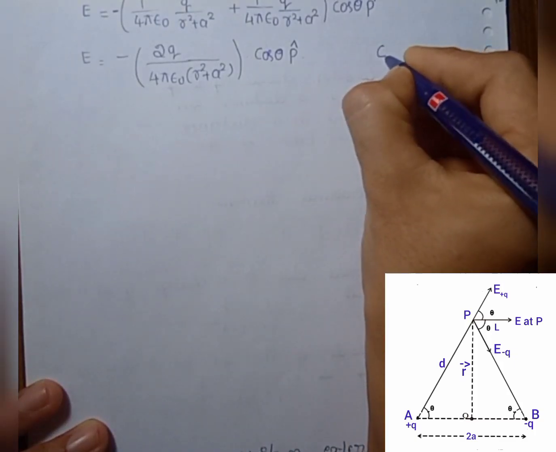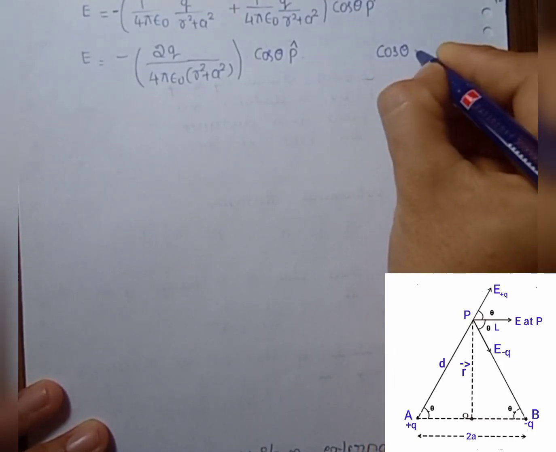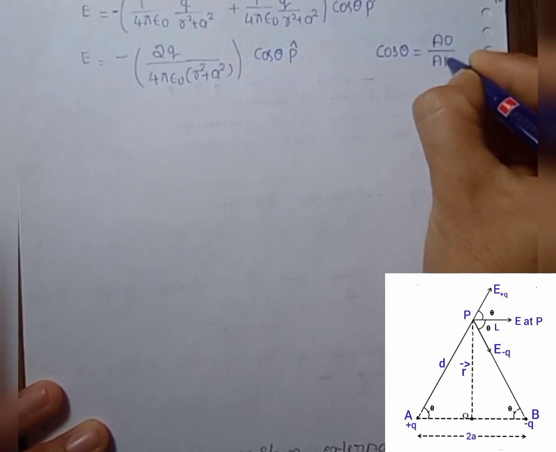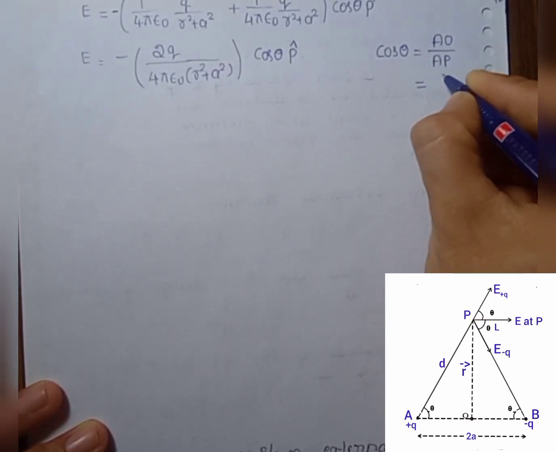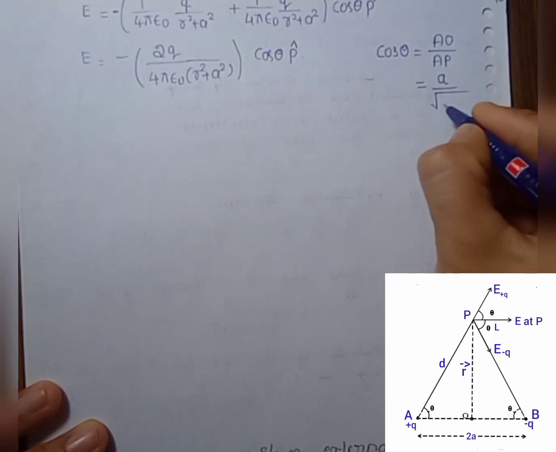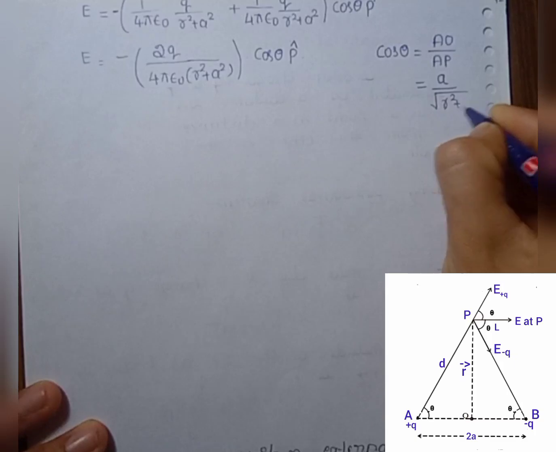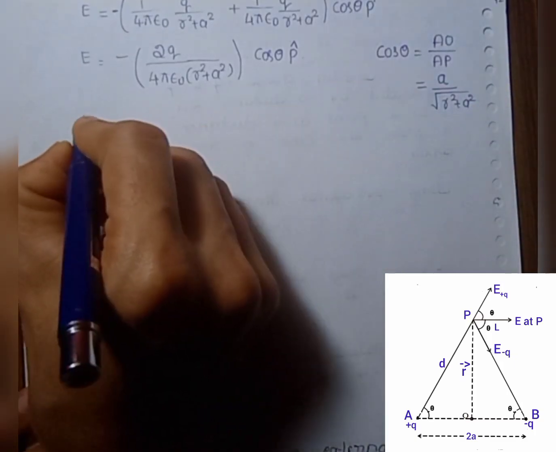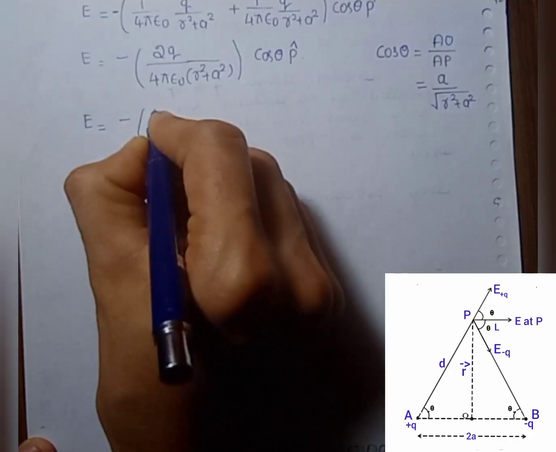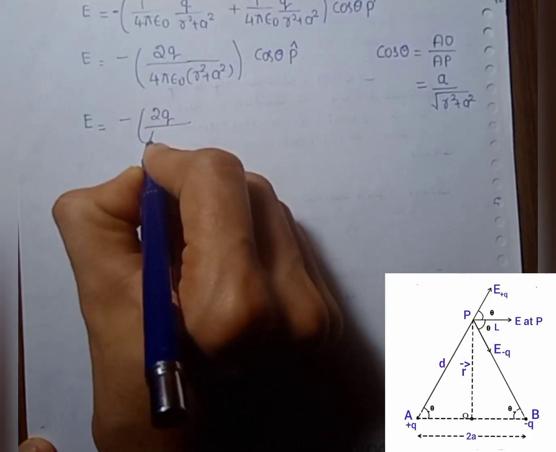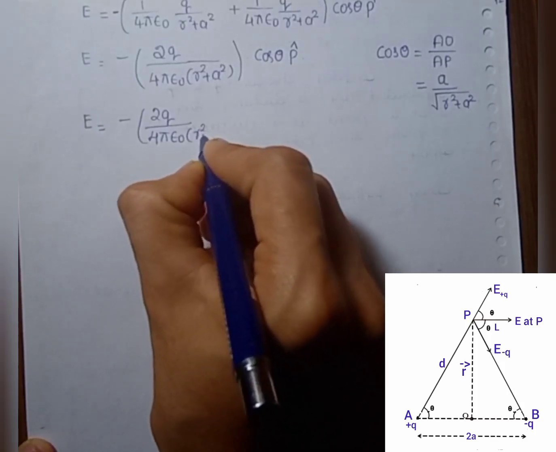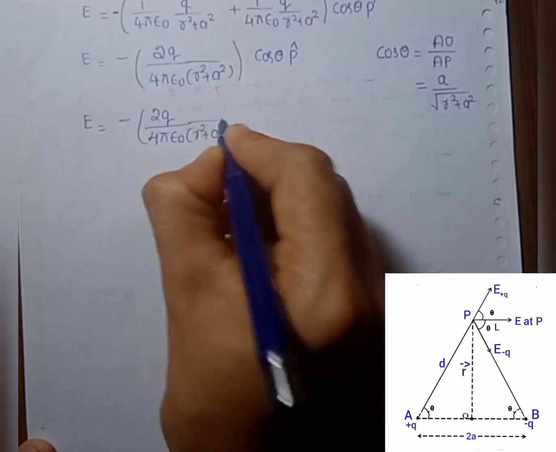Here by the diagram, cos theta can be written as AO divided by AP. The value of AO is A, and the value of AP is square root of R square plus A square. So therefore E is equal to minus 2Q divided by 4 pi epsilon naught R square plus A square.